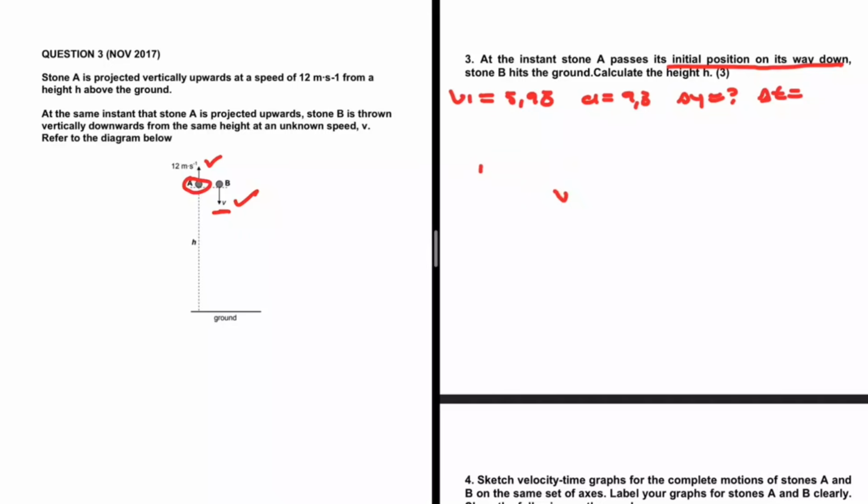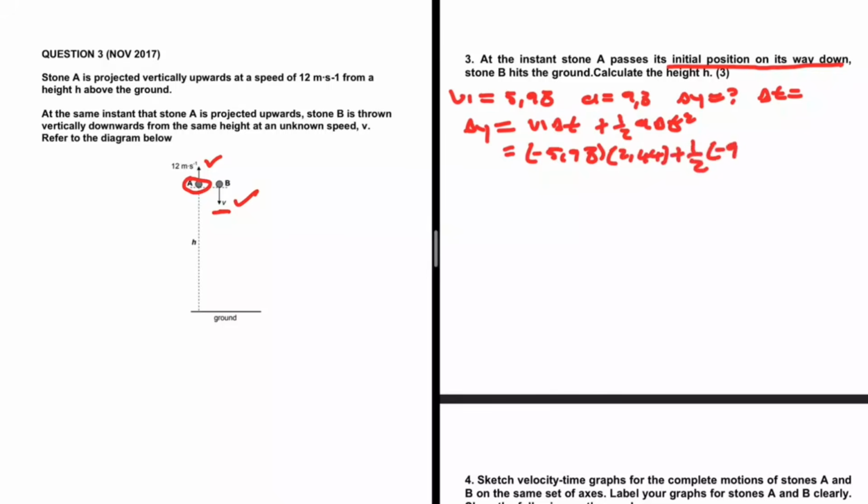Right. So let's see, if we have delta t, Vi, acceleration, delta y, we can obviously say that delta y is equal to Vi delta t plus a half acceleration delta t squared. So Vi, that is minus 5.98. I'm always taking up as positive unless stated otherwise. And then the time is 1.22 multiplied by 2, which will be 2.44. Time is always positive, it's a scalar.